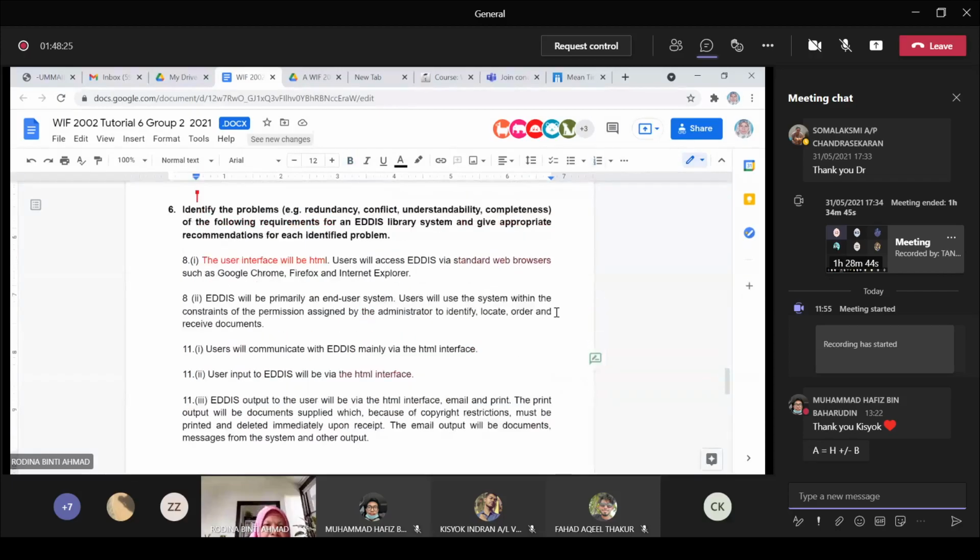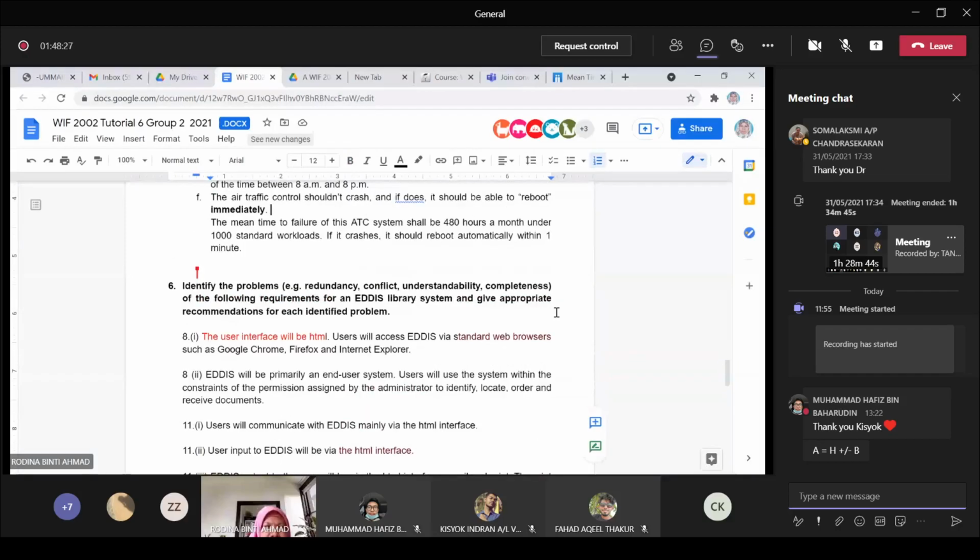So you tried to find the redundancy just now, where we identified the HTML in 8.1 and 11.1, and then we also identified the conflicts, that it can be accessed by the web browser as well as the HTML interface.